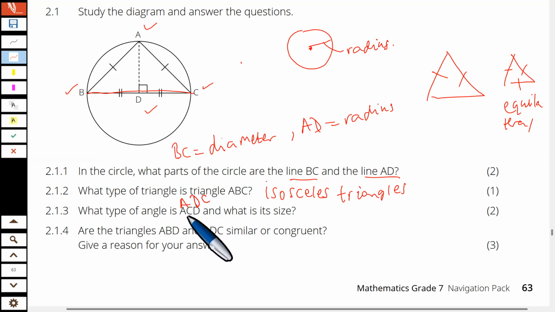They meant ADC, but now they just typed ACD. Okay, what is ADC?